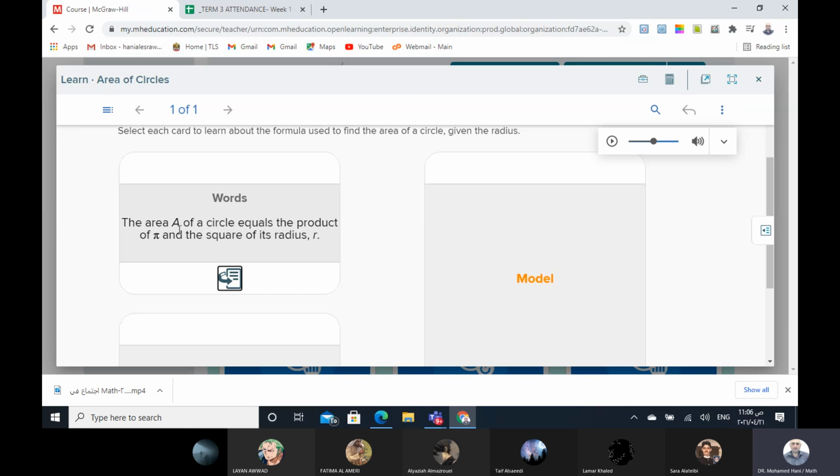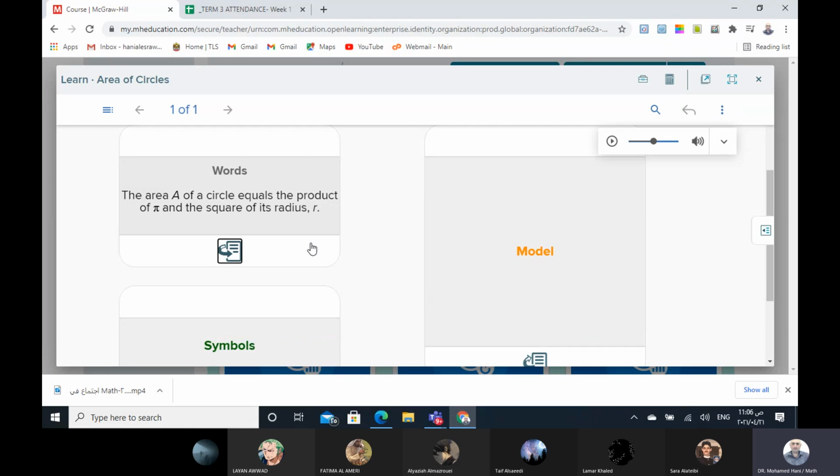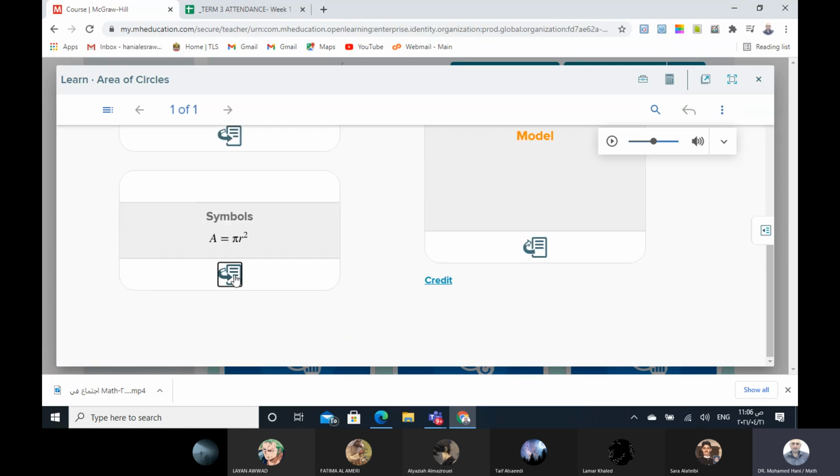So the area A of a circle equals the product of pi and the square of its radius r. So the formula: A equals pi times r squared.